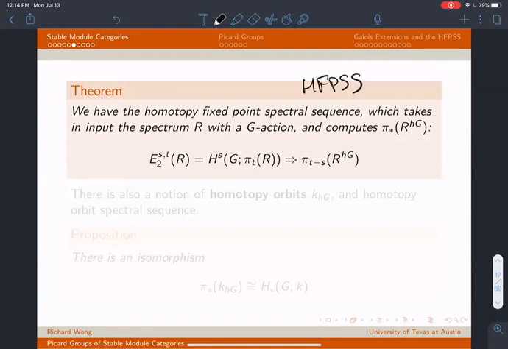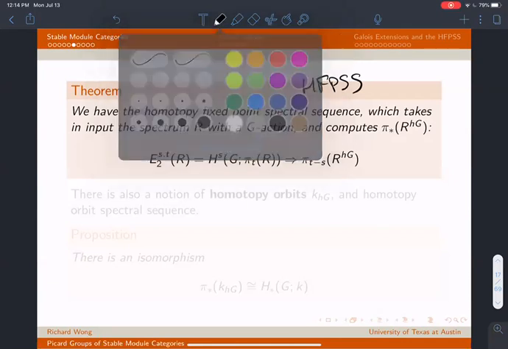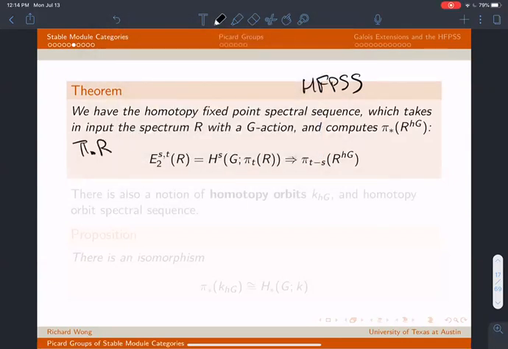A spectral sequence is some kind of algebraic machine: if you have a ring spectrum R with a G action, if you understand the homotopy groups of R and you understand how G acts on these homotopy groups, so if you can calculate this group cohomology, then you can use this spectral sequence to compute the homotopy groups of the homotopy fixed points. So this is really good for us because this allows us to do calculations.